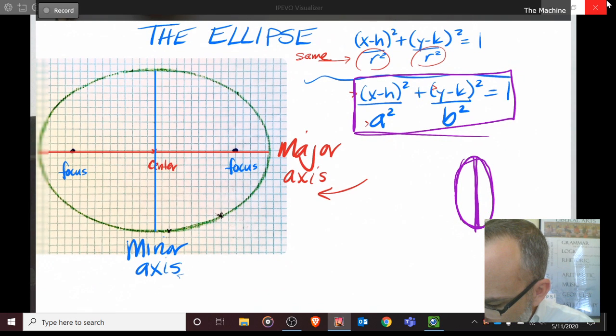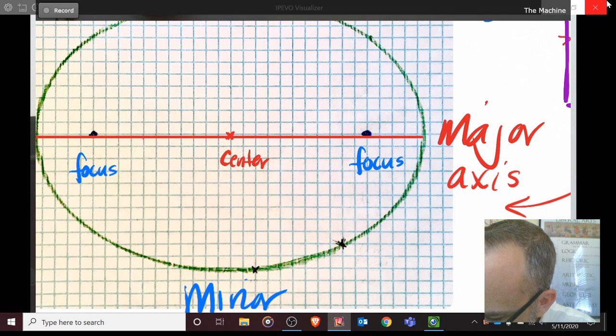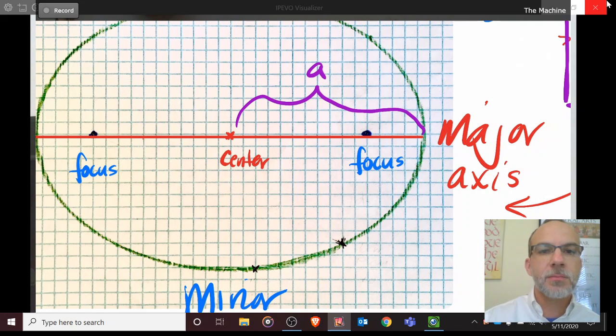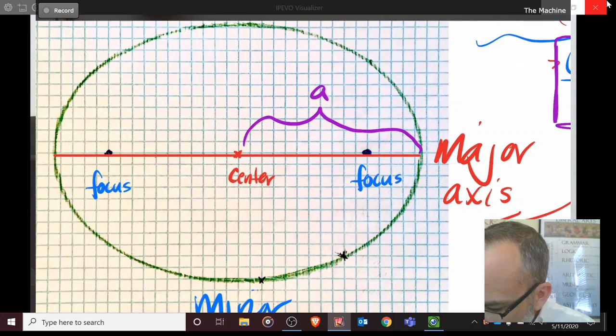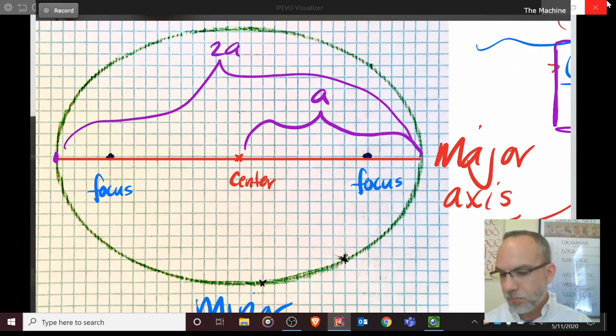Let's talk about now what the major and the minor axes are. If we go back to just the major axis for a second, the distance from the center to either one of the edges, this distance right there, that's your A. So the overall distance end to end, from here all the way over to there, is 2A.